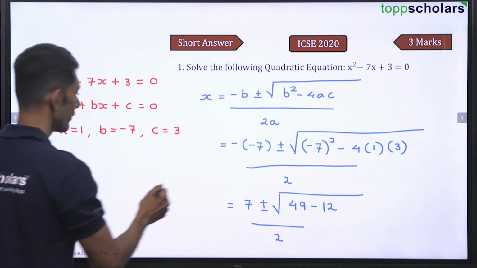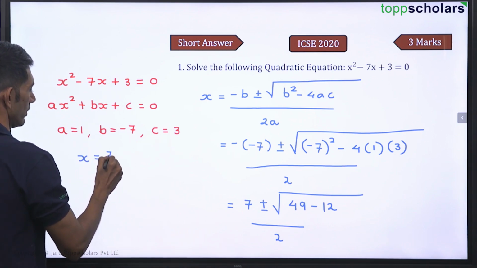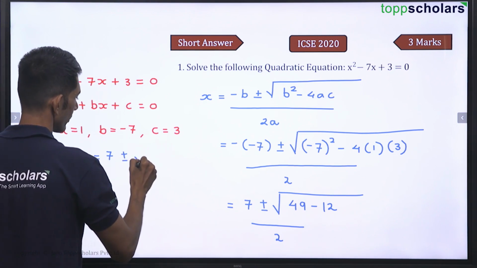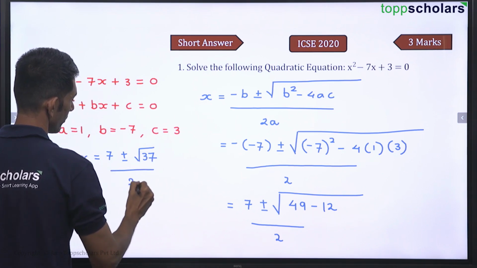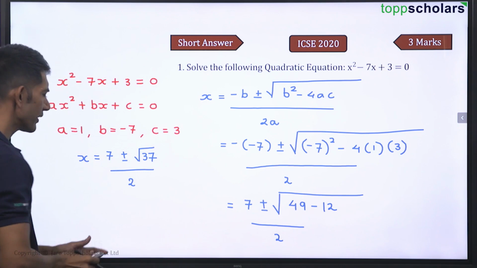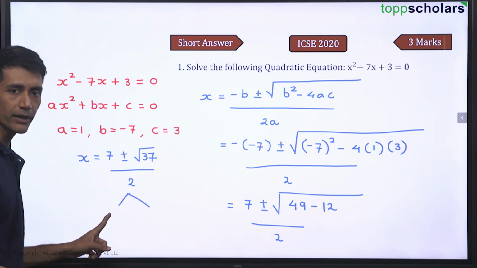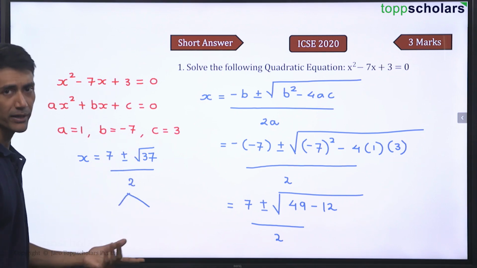So that gives you further x is equal to 7 plus or minus root 37 by 2. So if you just separate it, you can write down the final answer as x is equal to 7 plus root 37 by 2 and x is equal to 7 minus root 37 by 2, right?